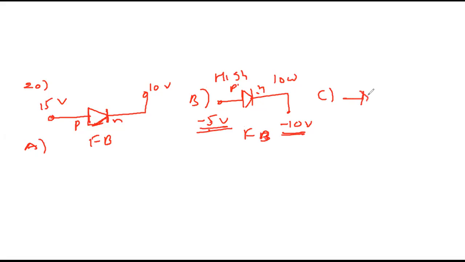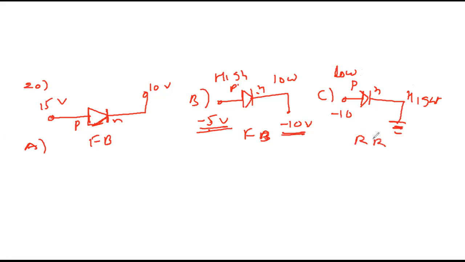What about this one? This is grounded and this is minus 10. Tell me now. Clear दिख रहा है ना? P low, N high because N 0 है. Reverse.